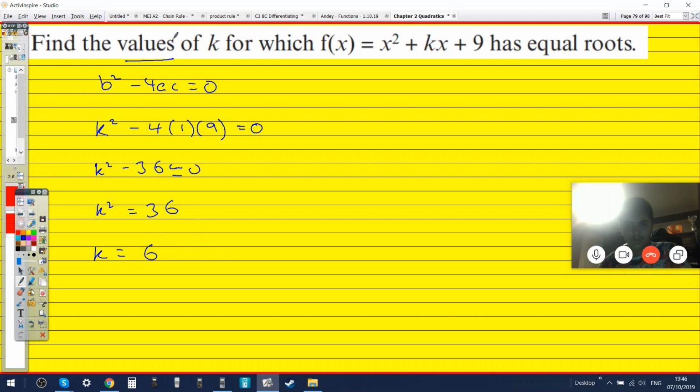I noticed they said values. So it'll be minus 6 as well. Yeah.